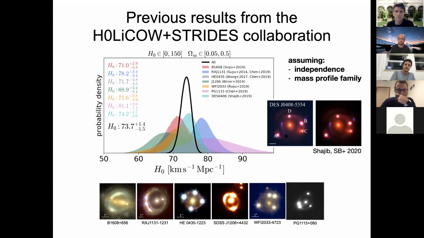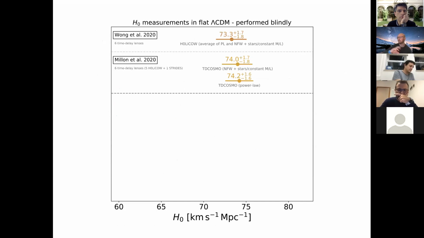Okay, thanks. Yeah. So here is another illustration of what I just showed. This is the Wong et al. measurement. And here I'm specific about the assumption in the mass profile. Here we average over a power law profile inference and an NFW, Navarro-Frenk-White profile, plus an additional constant mass-to-light ratio part that mimics the stellar mass-to-light.